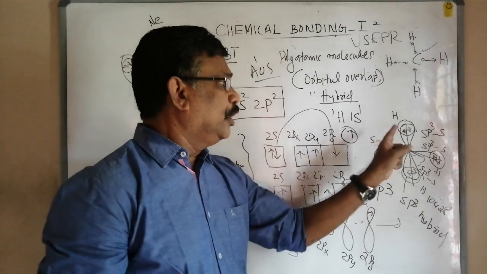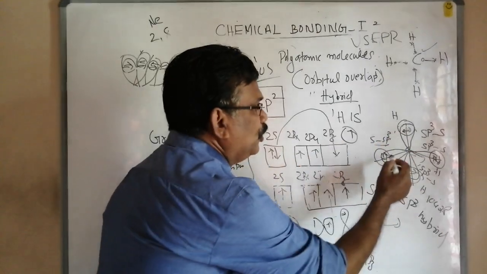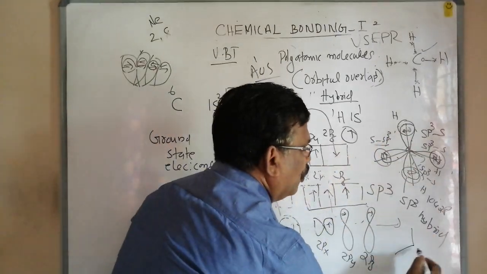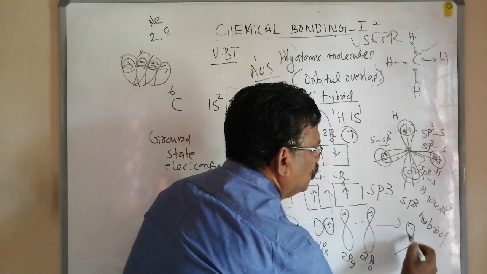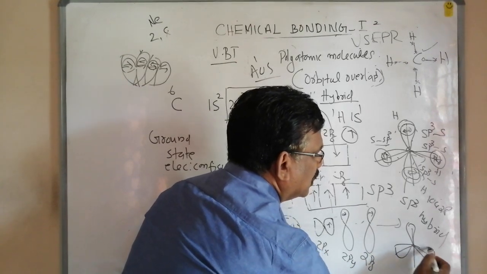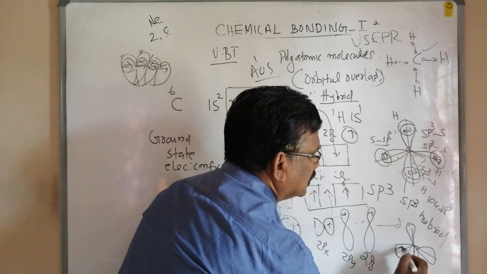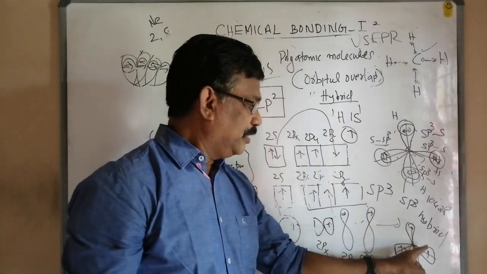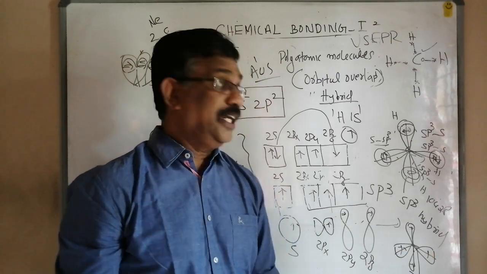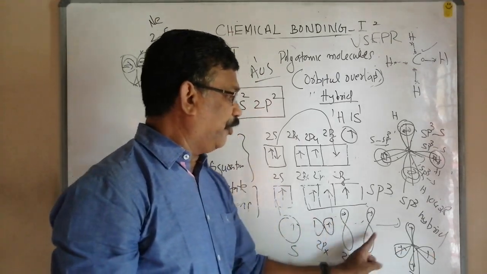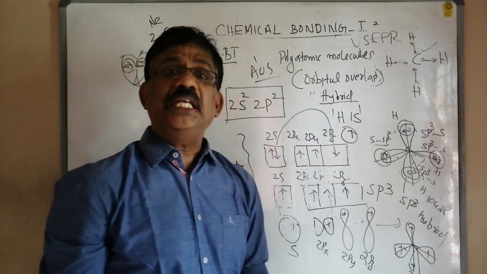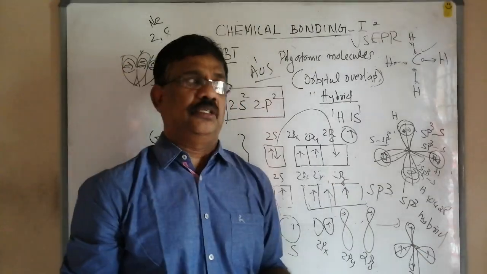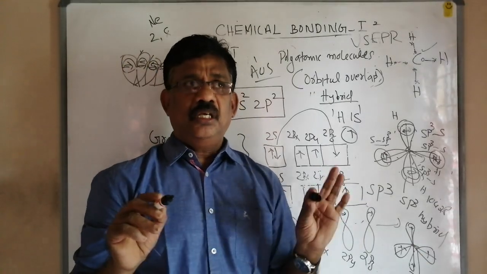to form new orbitals: four new orbitals of carbon with the same energy, the same shape, and the same number, 1, 2, 3, 4. So what is hybridization?